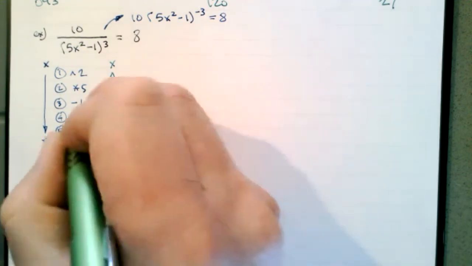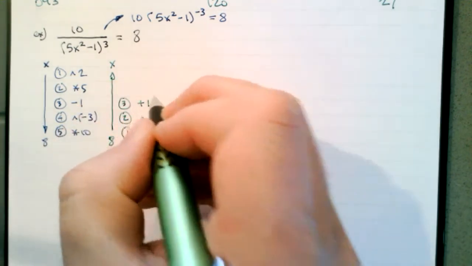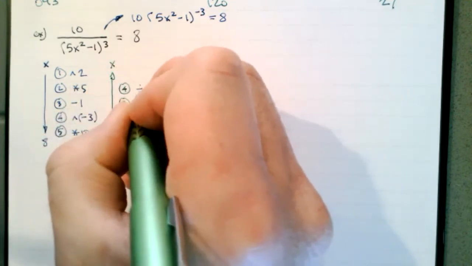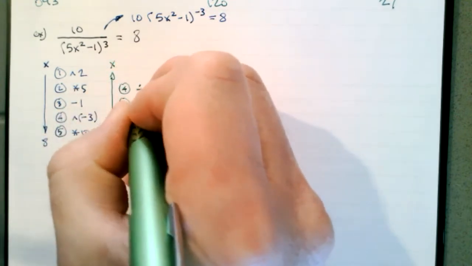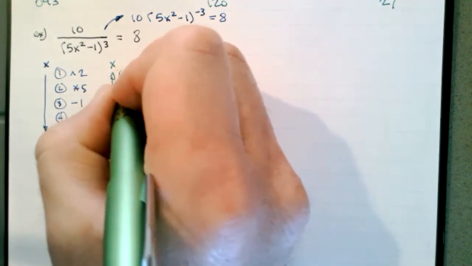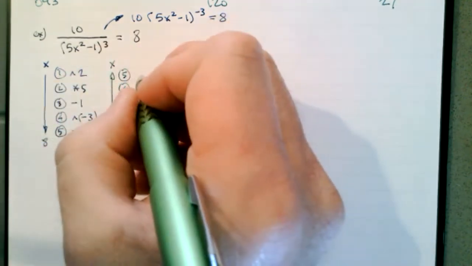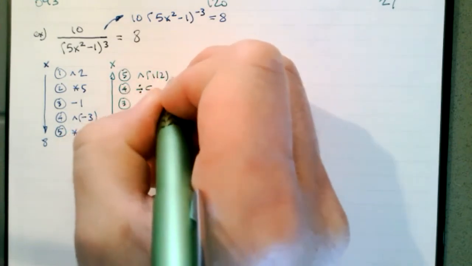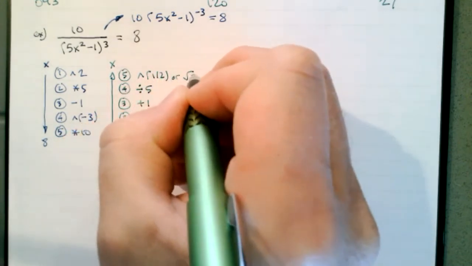Third, the inverse of subtracting 1 is adding 1. Fourth, the inverse of multiplying by 5 is dividing by 5. And fifth, the inverse of a square is a 1/2 power, or a square root.